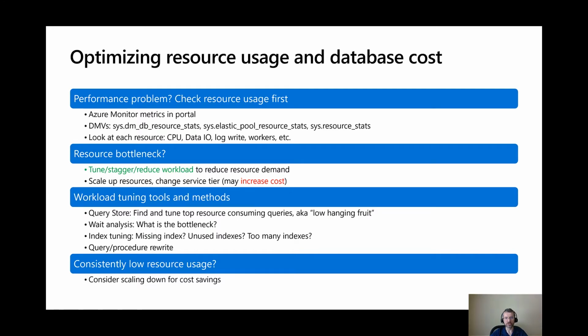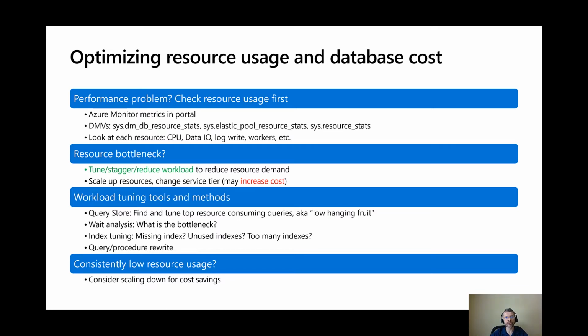The very first thing you should do is check resource usage. And that's actually quite simple to do. You can just look in the portal using graphical metrics, or you can look at DMVs. DMVs are sometimes preferred if you need to see the very up-to-date data. There is some data latency with metrics you see in the portal, typically maybe 20 seconds or so, whereas if you query the first DMV, sys.dm_db_resource_stats, you will see data almost immediately.